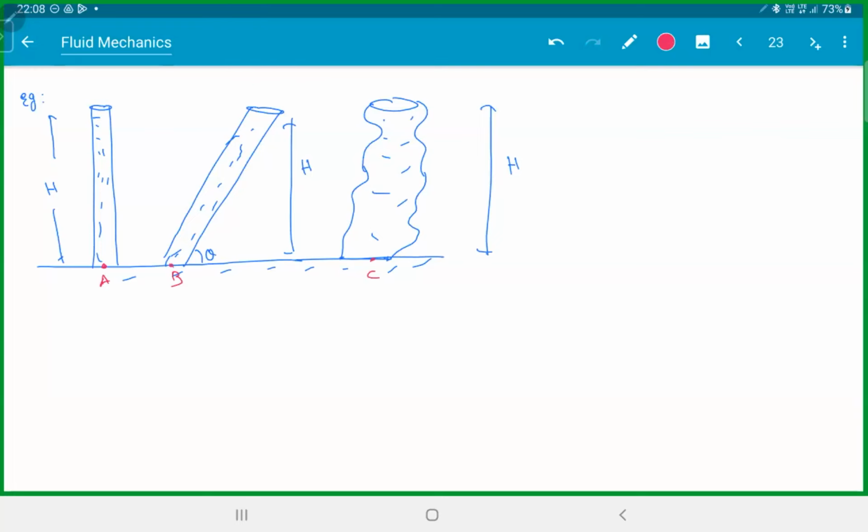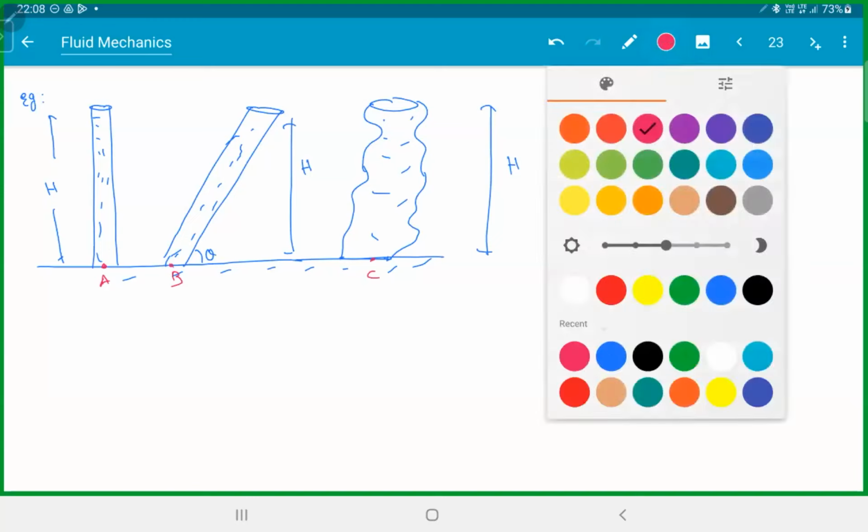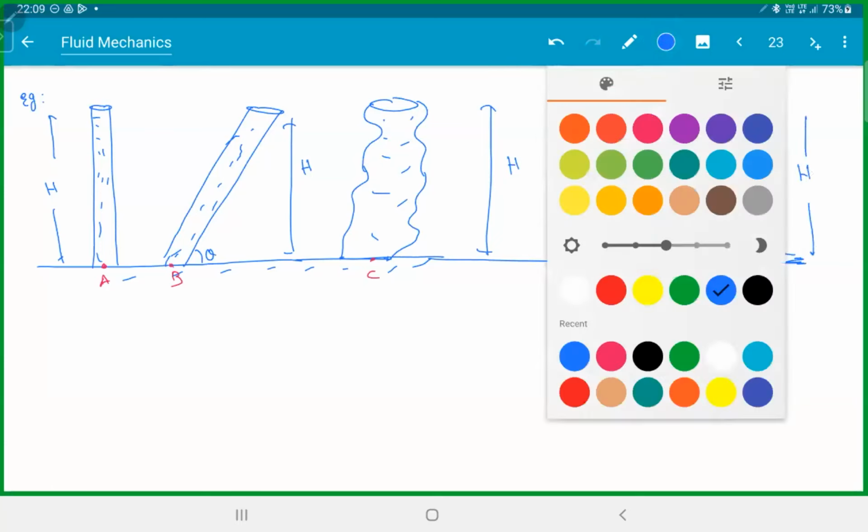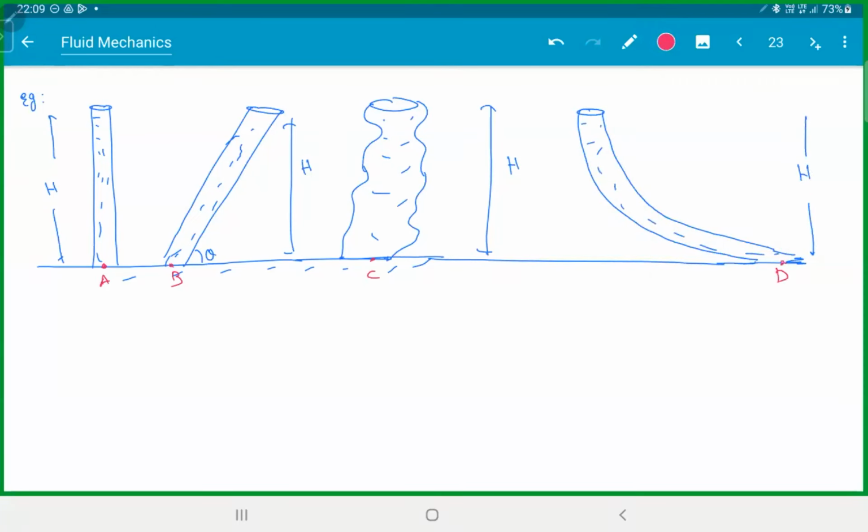The pressure depends on what? The height, isn't it? As long as the height is same, it doesn't matter what container you take. You could have taken even a shape like this, a semicircle like this. The height is same. Because see, the logic is this. Suppose if I go down straight, see pressure varies how? Only in the vertical direction, right?